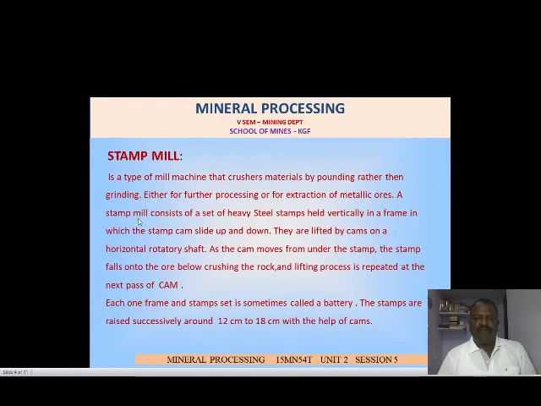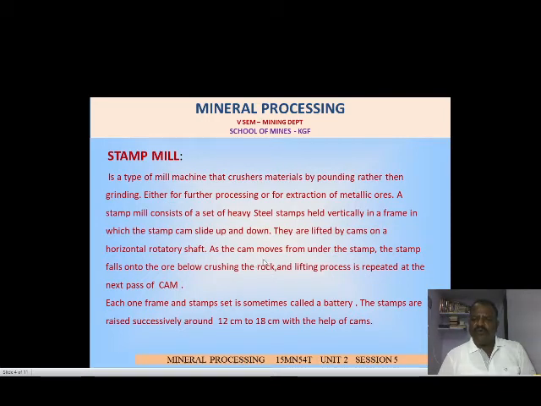A stamp mill consists of a set of heavy steel stamps held vertically in a frame in which the stamp can slide up and down. They are lifted by cams on a horizontal rotary shaft.